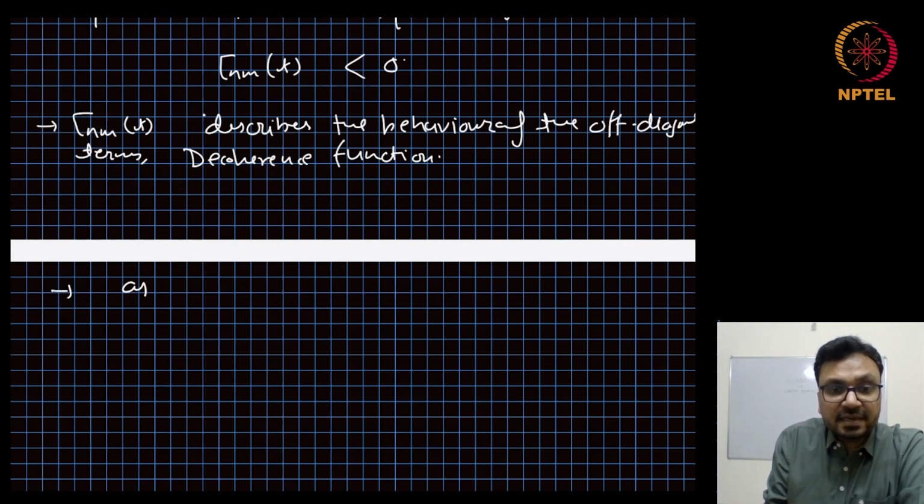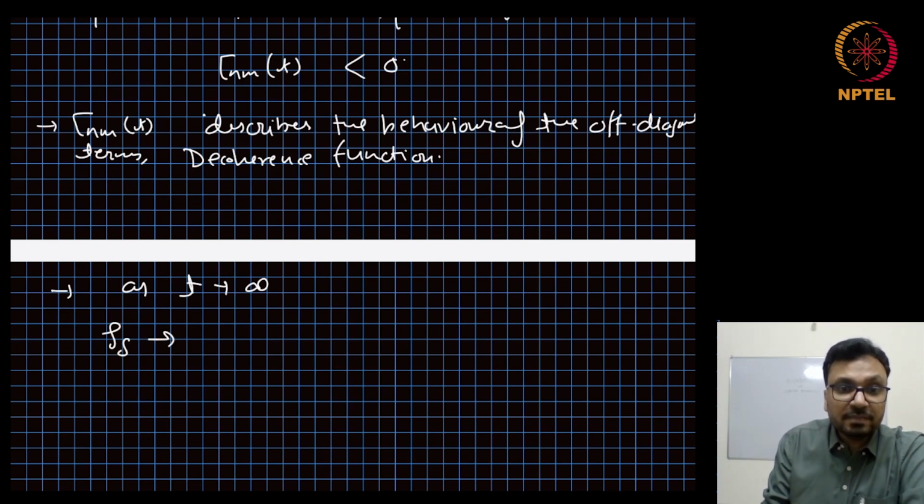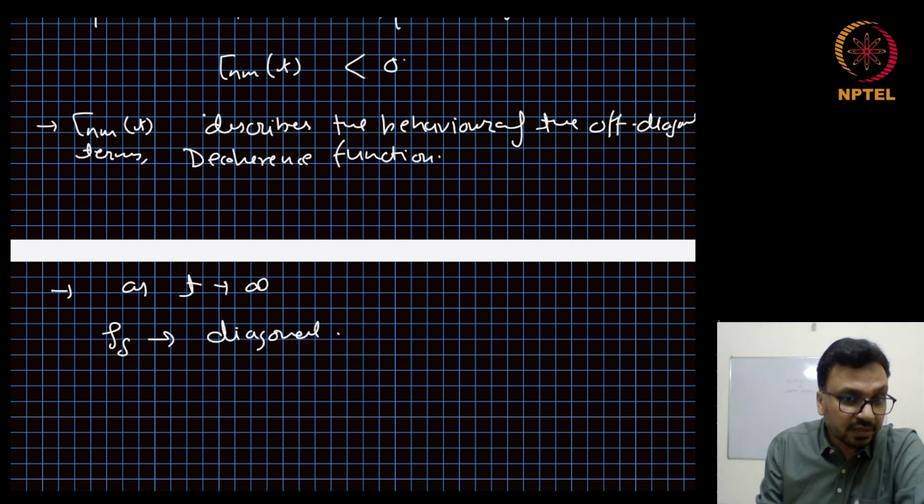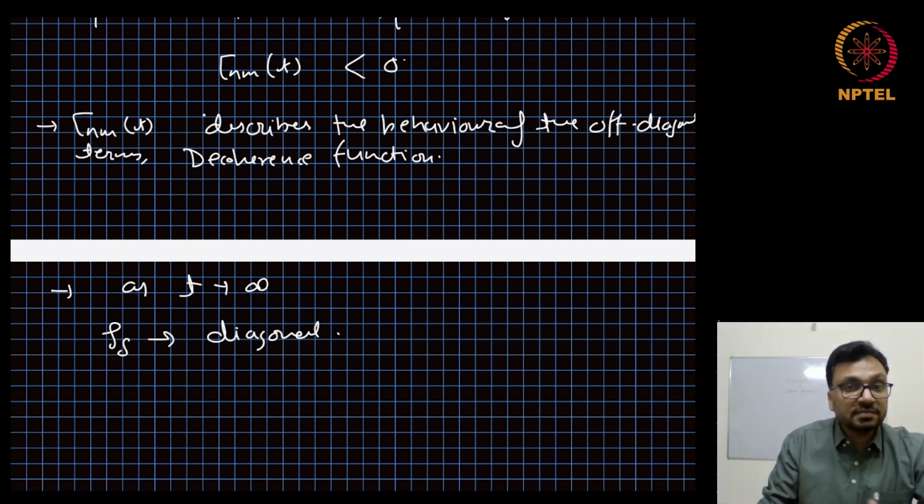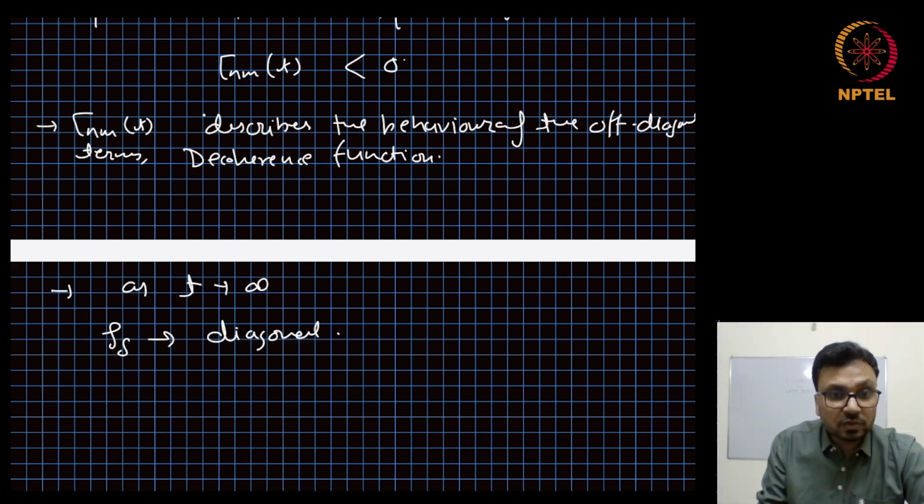As t tends to infinity, the off-diagonal terms tend to 0. So the density matrix becomes diagonal. This is called the complete destruction of the coherence. This, t tending to infinity and the off-diagonal terms going to 0, is called decoherence.